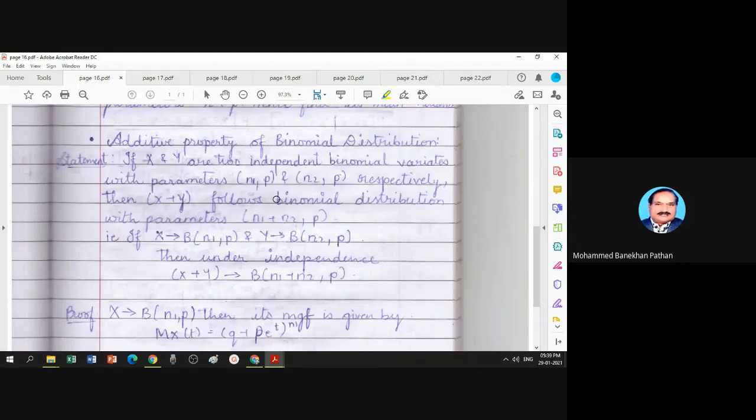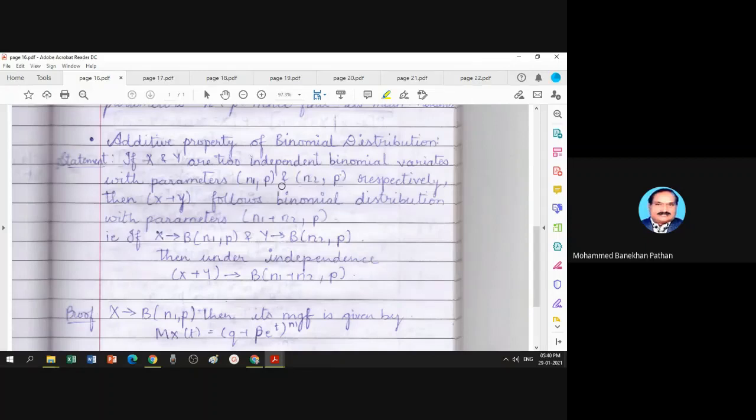So the statement says x plus y follows binomial distribution with parameter n1 plus n2, p. That means you have two situations. They follow binomial distribution with parameters n1, p and n2, p. That means the chance of getting success is common for both situations.